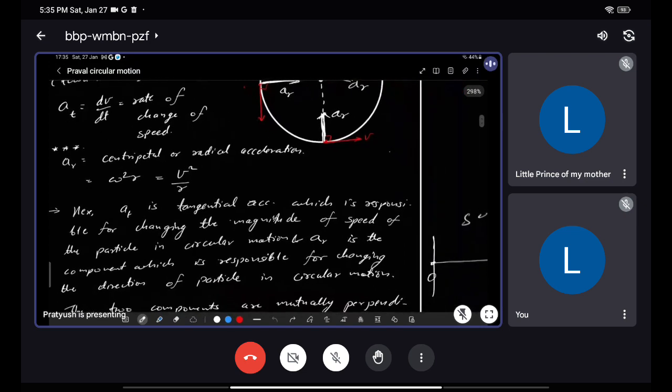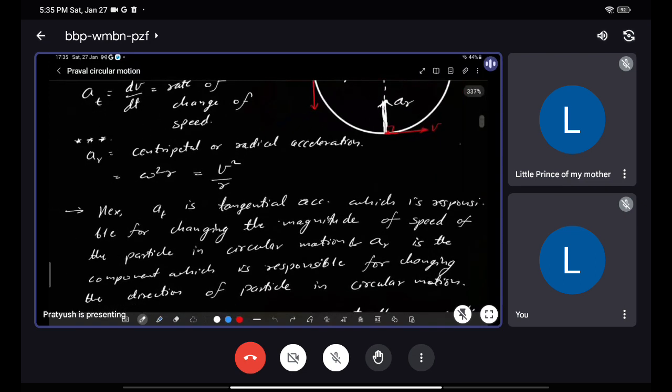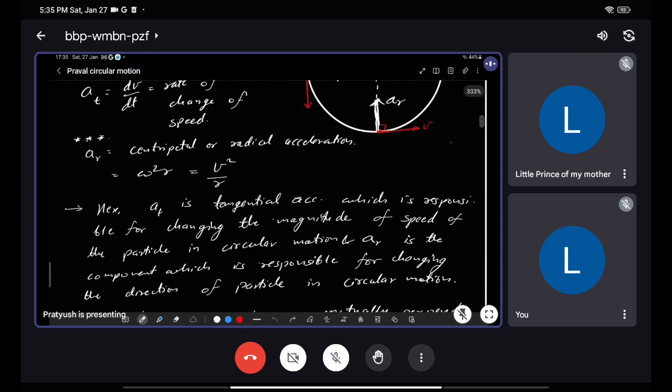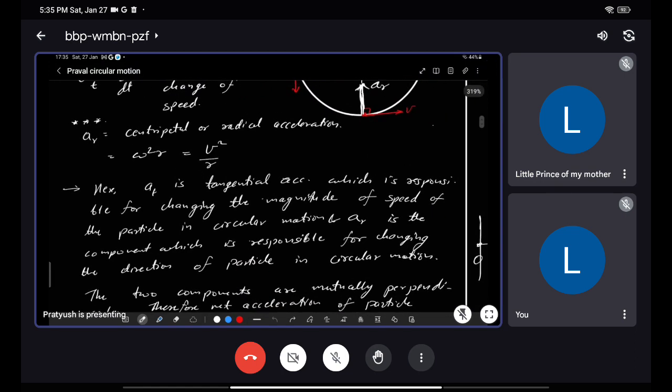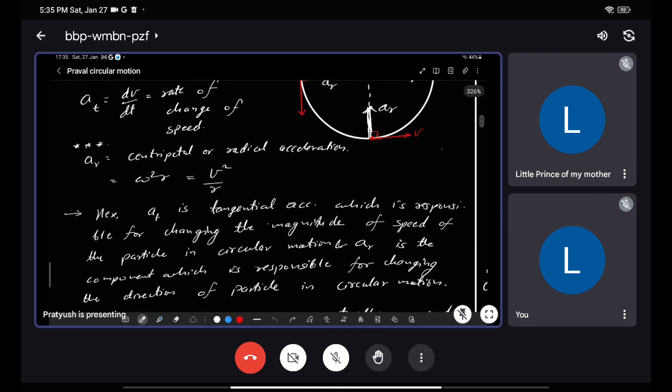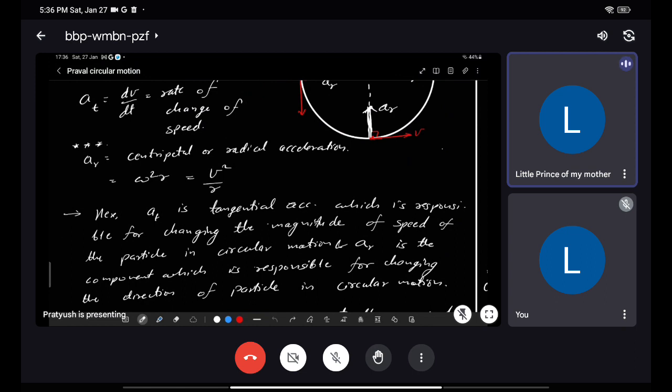Tangential acceleration is responsible for changing the magnitude of speed, and the radial acceleration is responsible for changing the direction of the particle in circular motion. Taken down till this point? Since velocity is changing in direction and magnitude, we have two accelerations, no, sir? Yes.